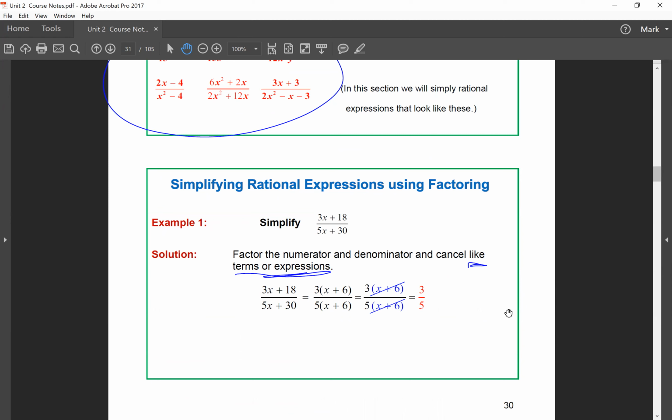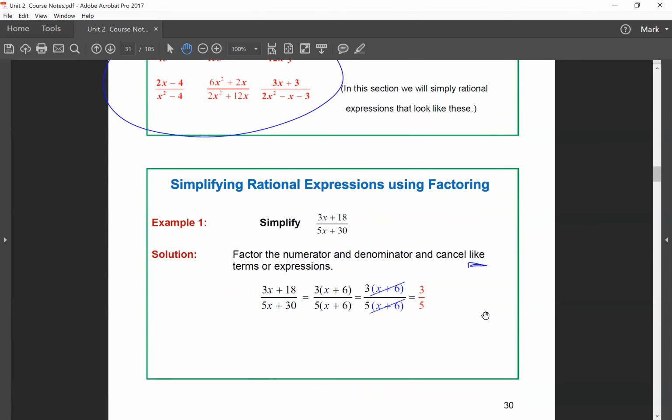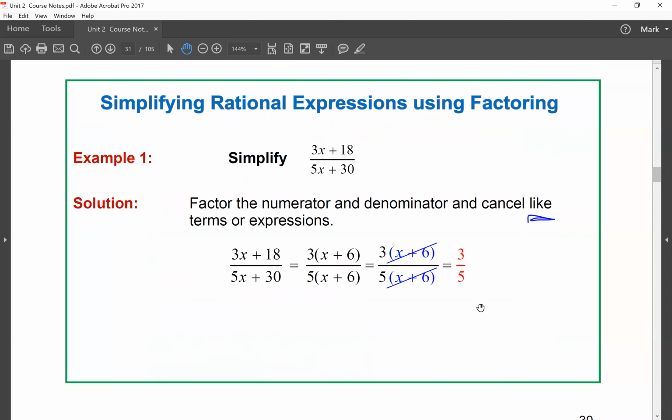So, factoring the numerator and denominator, we cancel any terms that appear on the top and the bottom. Now, I am going to show you some examples. Look at example number 1. If you looked at this a few weeks ago, at the beginning of May, this is it, right? There's nothing else we can do.